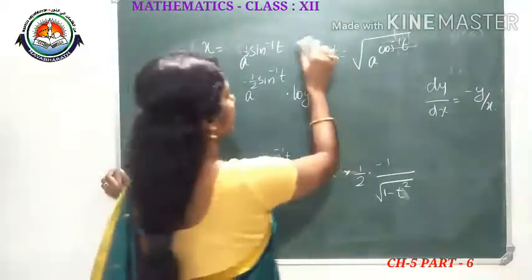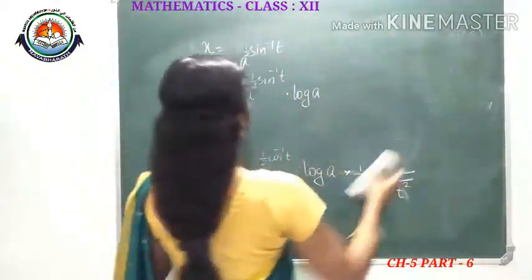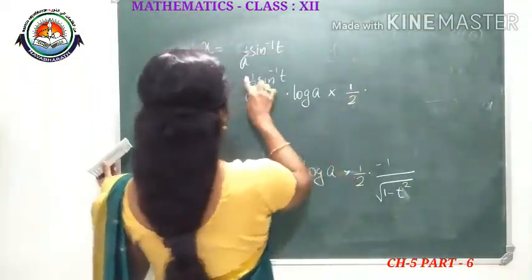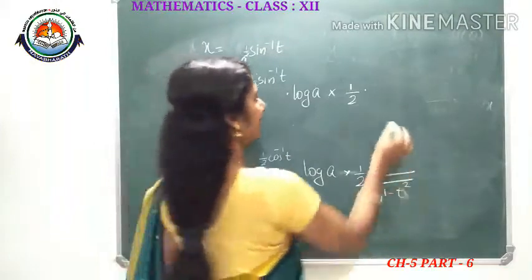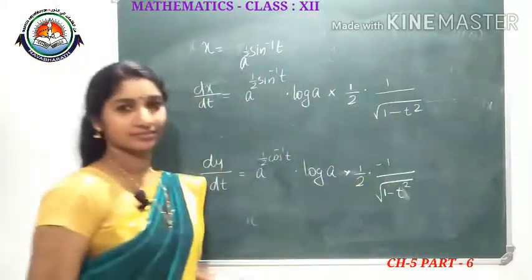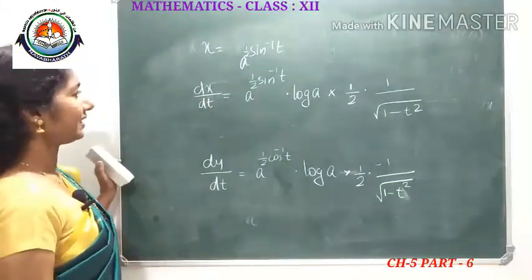Then half into sin inverse of t derivative, 1 by root of 1 minus t square.